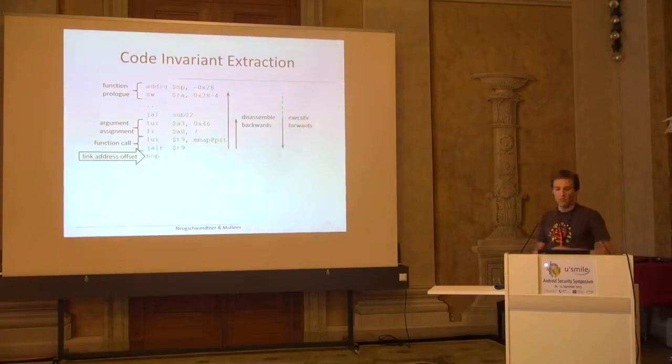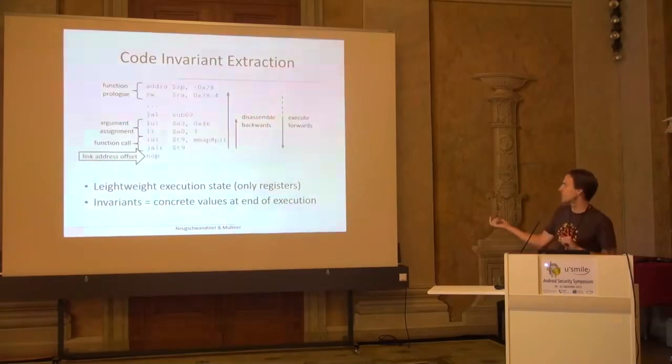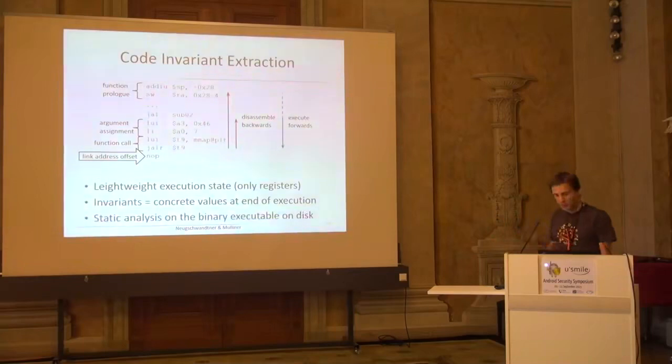And when we stop disassembling backwards, we start to execute that code snippet forward, and then we extract all the invariants, which are the concrete values at the end of the execution. So in this case, we would know, for example, after this emulation, that in the argument register A0 there needs to be a 7, right? And as I said, this is static analysis that we perform on the binary executable on the disk and not on the memory contents.